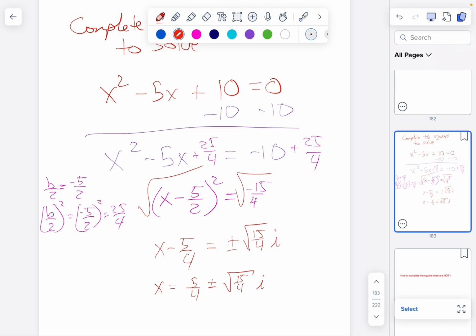So on your sheets, you're not solving, but writing in vertex form, do 24 to 29, please. 24 to 29. No. Do 24, 25, and 28. I'll put it on there, 24, 25, 28.